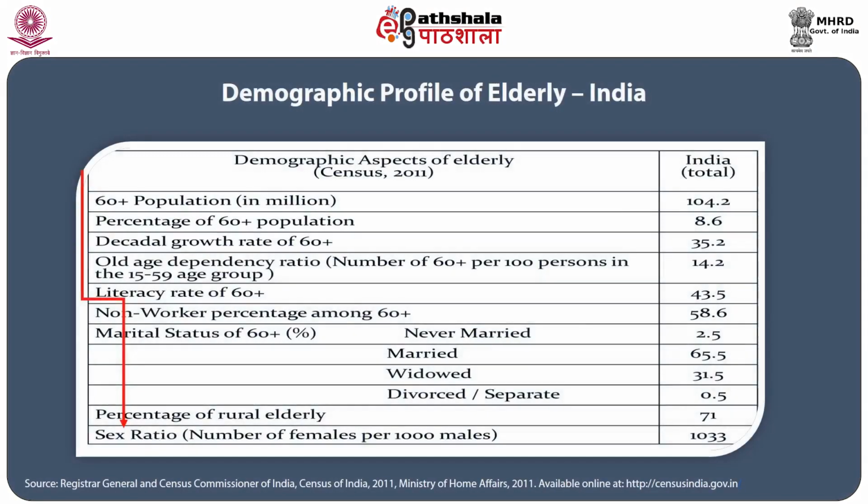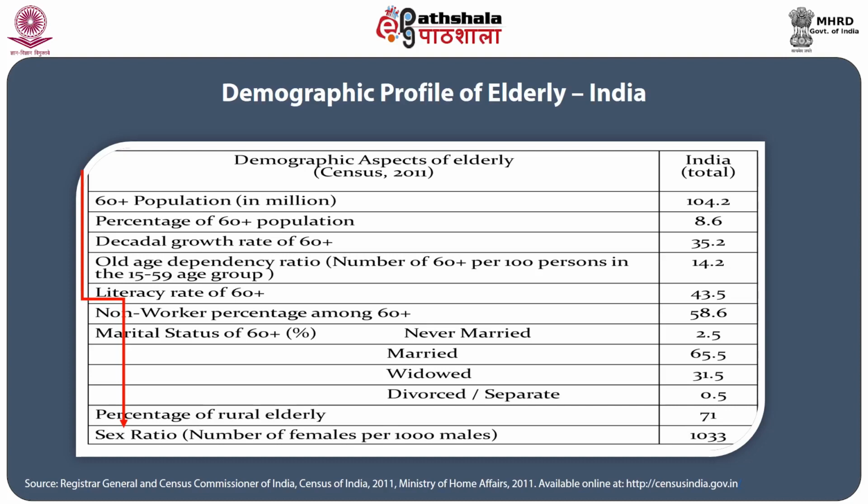Another dimension which we need to understand as part of the profile of the elderly is sex ratio. As we have observed earlier, sex ratio gives the gender balance or imbalance that exists in our society. It is usually calculated as the number of females per 1000 males.